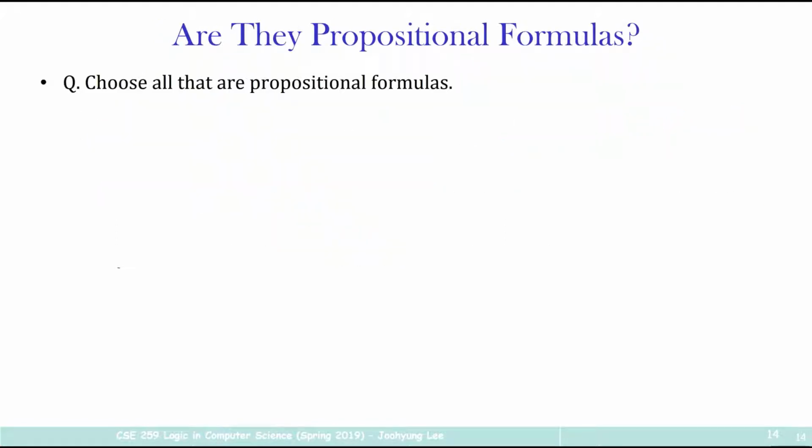Okay, so I want you to tell me whether each of them is a propositional formula or not. Is this a propositional formula? How do we know that this is not a propositional formula? How do you prove that this is not a propositional formula?